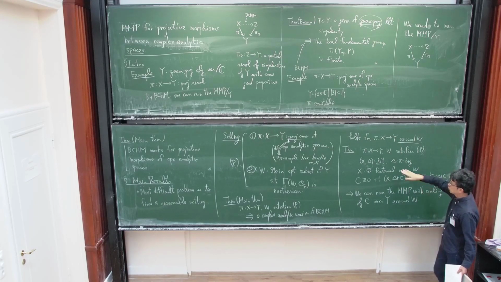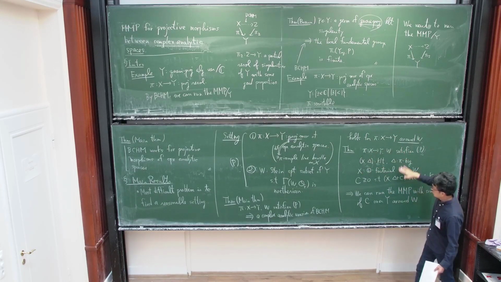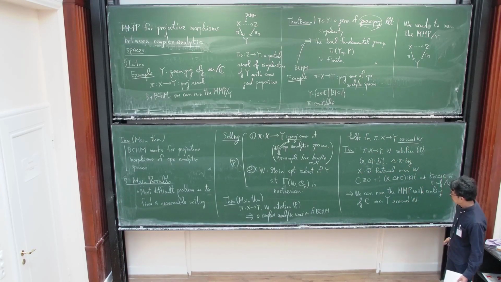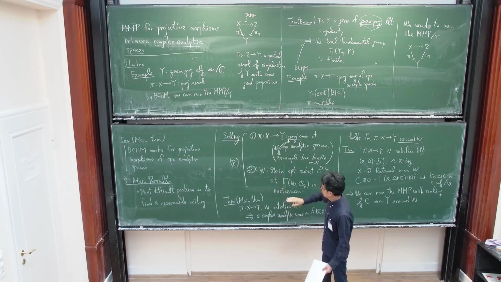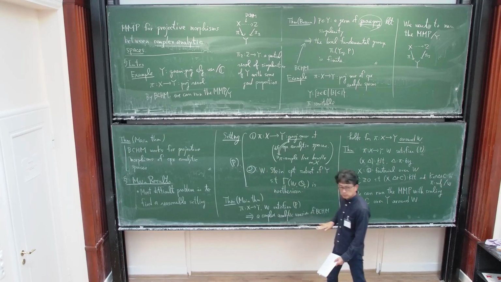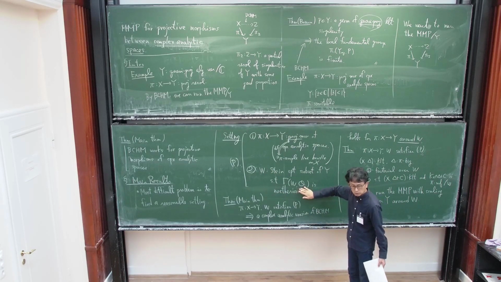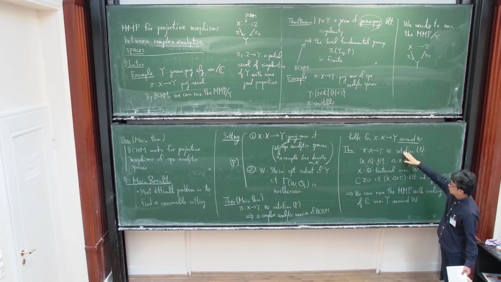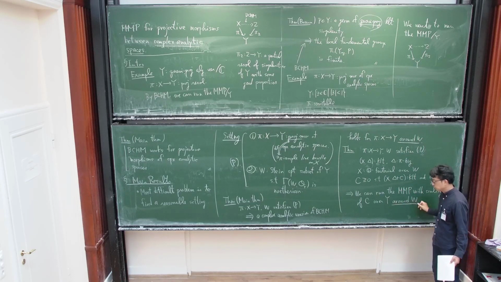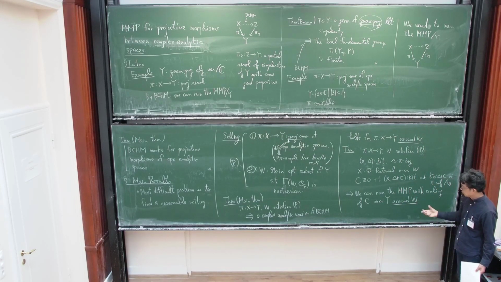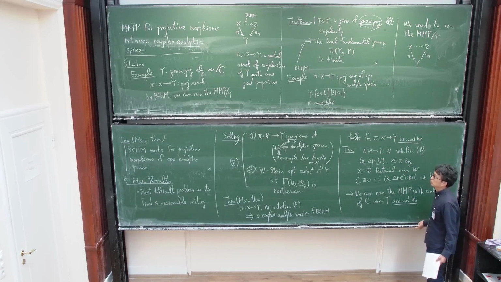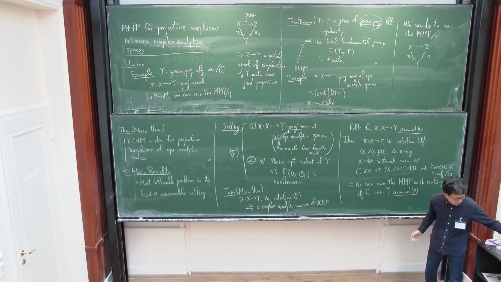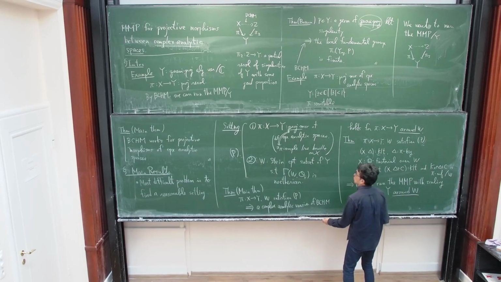So they proved in this situation we can have a minimal model program with scaling. For the complex analytic setting, we fix a compact subset which satisfies this condition, and the minimal model program with scaling holds around W. Around W means in each step we shrink Y around W. So we have the following.